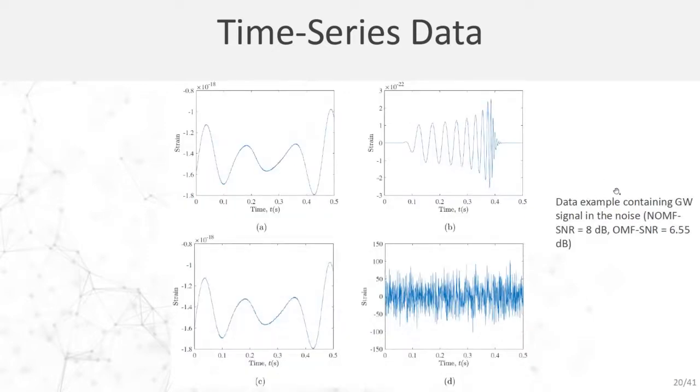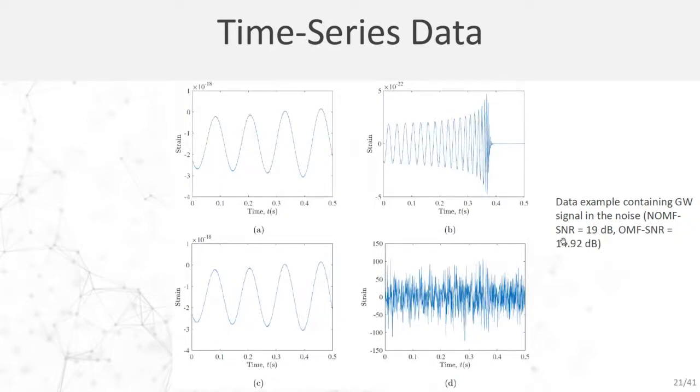This slide shows the time series data example, which contains gravitational wave simulated noise with the optimal match filter SNR of 6.55 decibels, where the first figure shows the original noise, the second one is the noise-free gravitational wave signal, the third one is signal obtained after adding noise and simulated signal, and the fourth one finally is the pre-processed noisy gravitational wave signal.